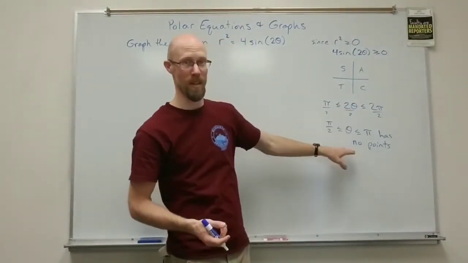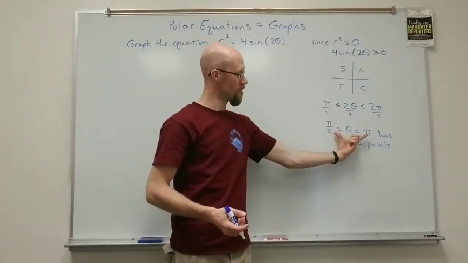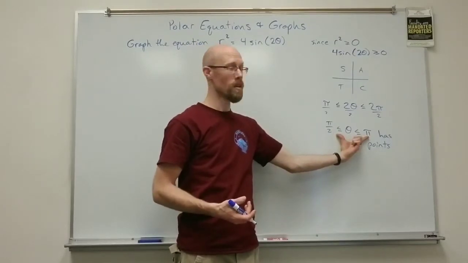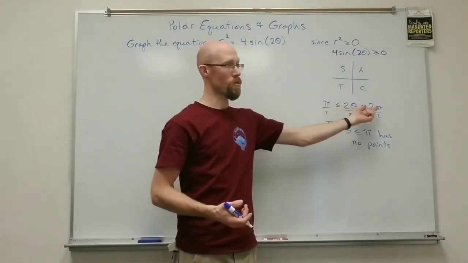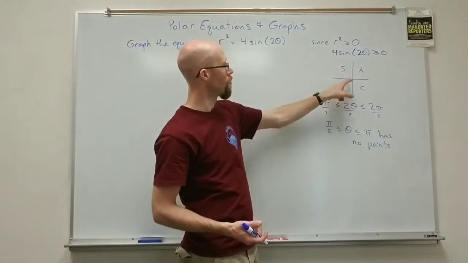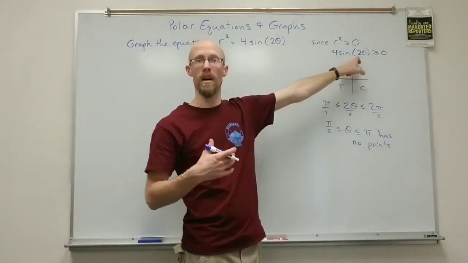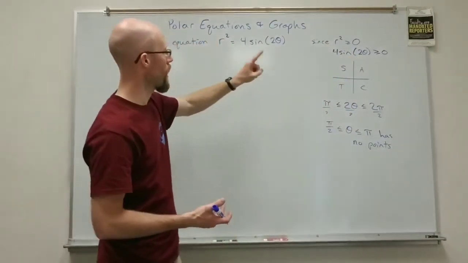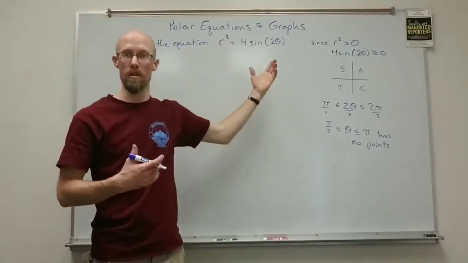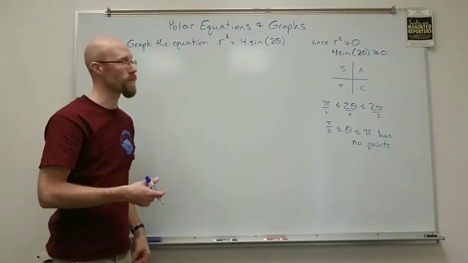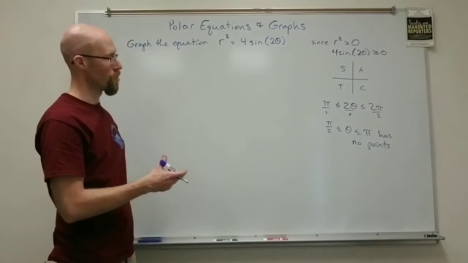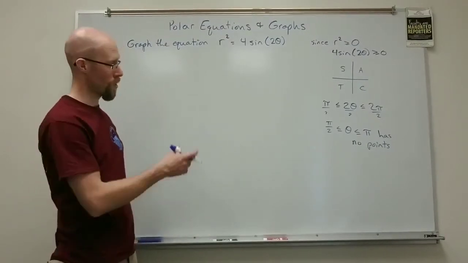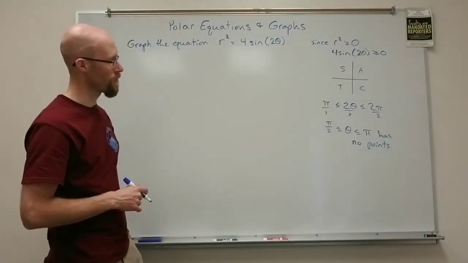Theta in the second quadrant would make 2 theta in the third or fourth quadrant, which makes the sine of that angle negative, which can't happen because r squared is positive or 0. It can't be negative. So there are no points with theta in the second quadrant.